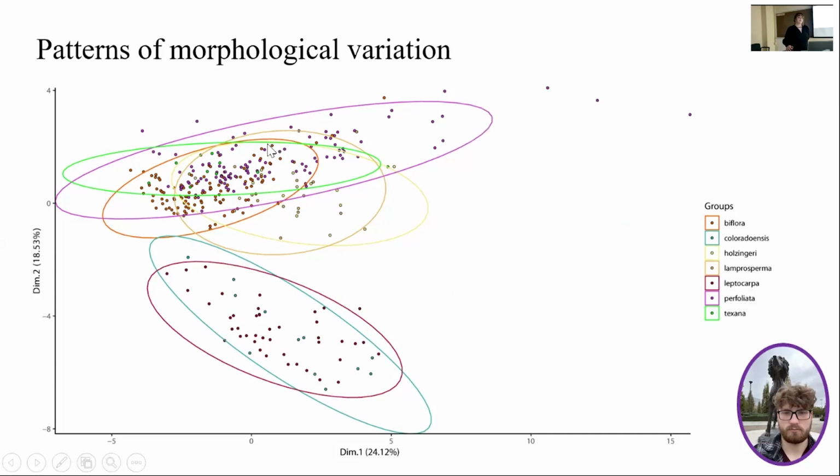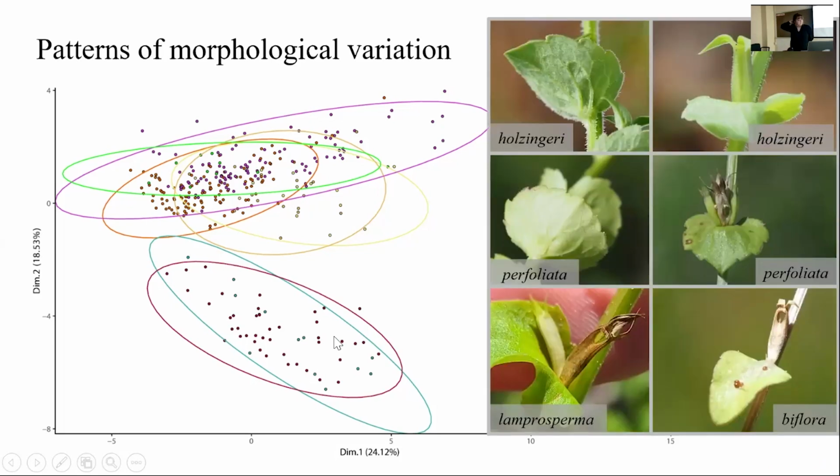And then at the top, we basically have the rest of the species all overlapping. And again, this is not really surprising to me because even as I put these pictures on the slide, especially these two leaves, I immediately had to go check myself because I wasn't sure I could tell them apart. And then this overlaps too with this seed capsule morphology.